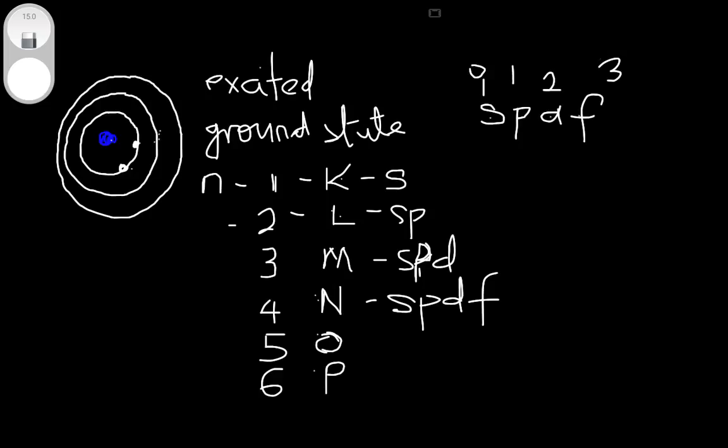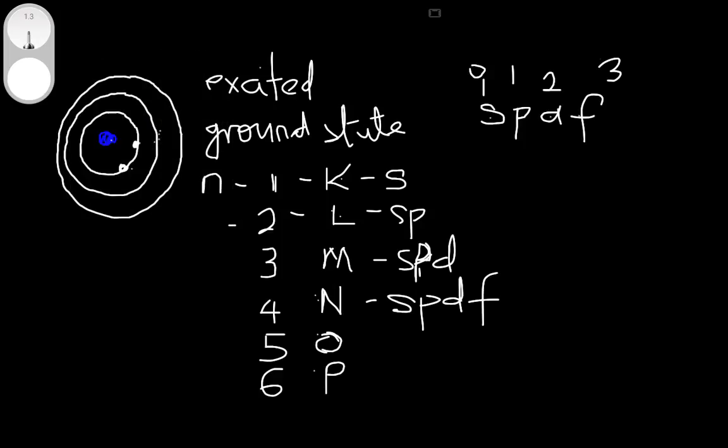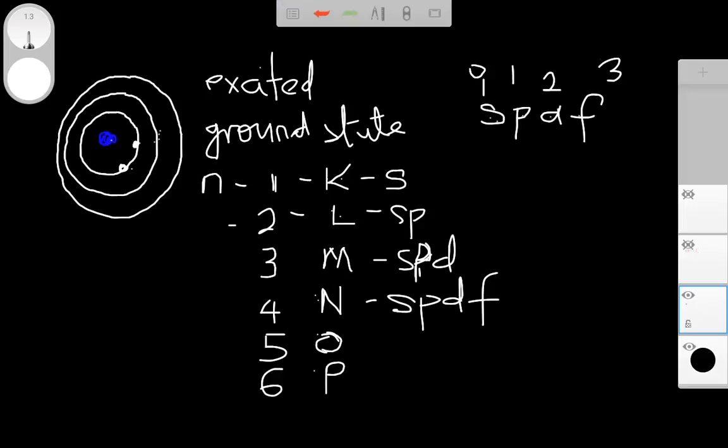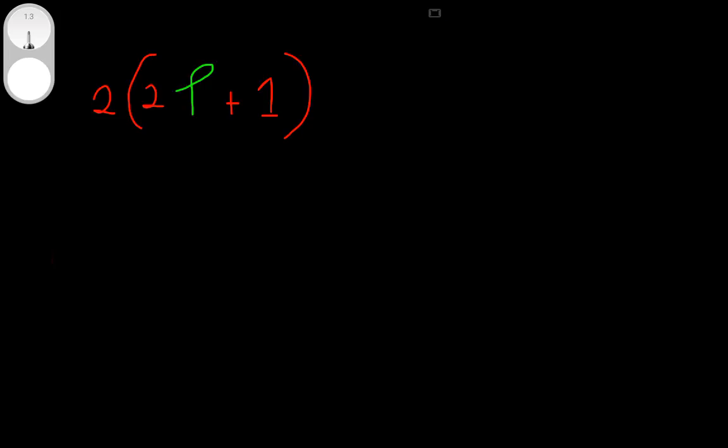There is a formula that makes life easier for all of us. We can use that formula to determine how many electrons each of these sub-levels of the shells can carry. The formula is: 2 times the quantity 2 times the quantum number attached to the sub-level, plus 1.